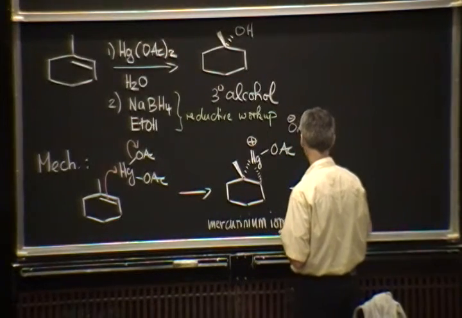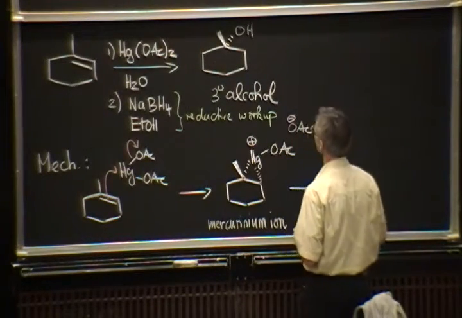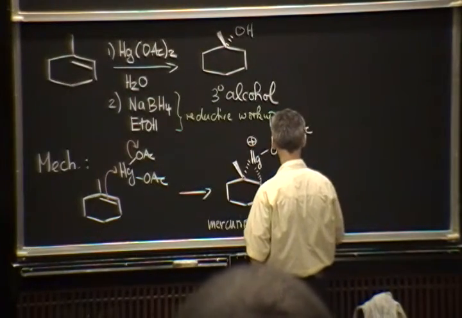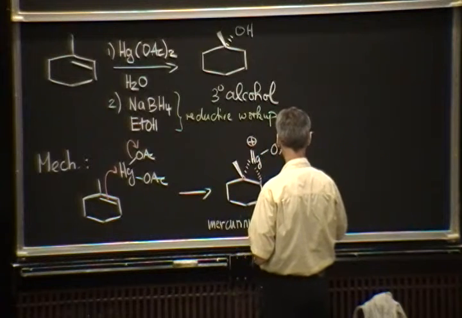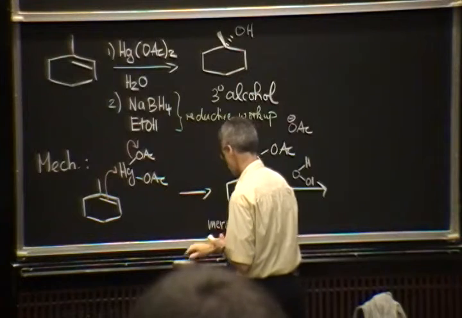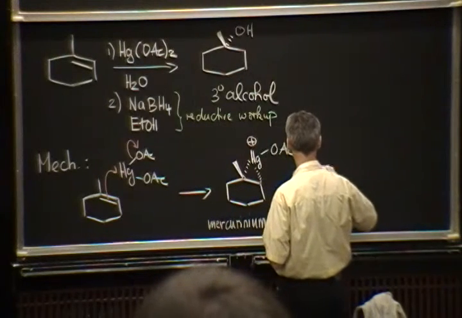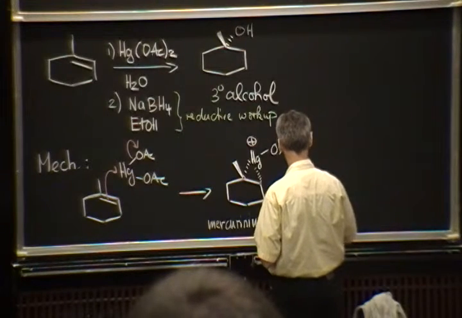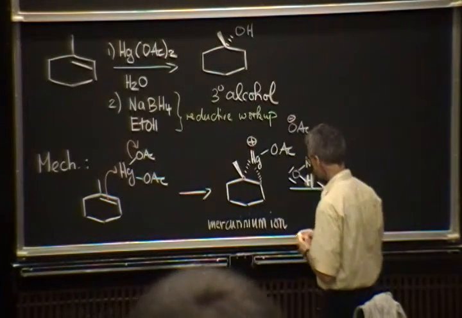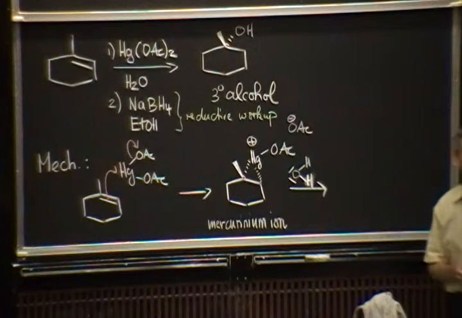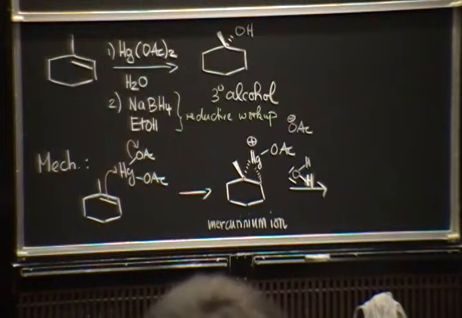And now this is being attacked by water, because water is in excess. We have a lot of water, that's our solvent. And where do we attack? Well, it's very similar to the attacks we've seen on related species, like the protonated epoxide, like the bromonium ion.